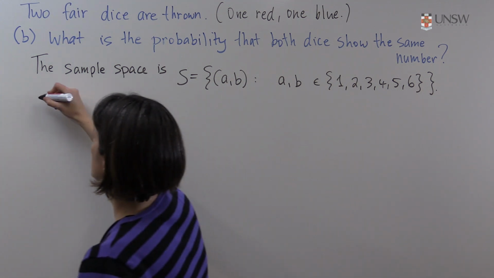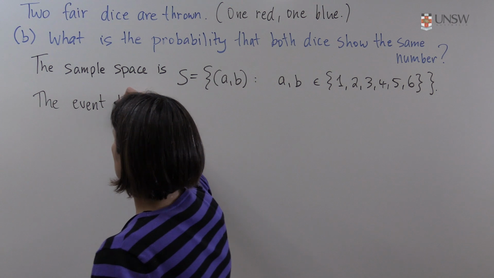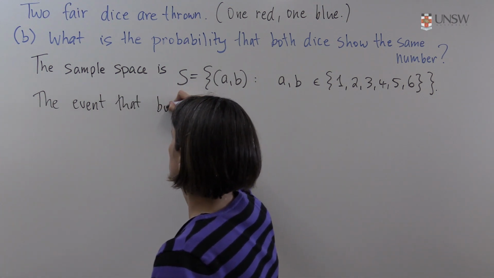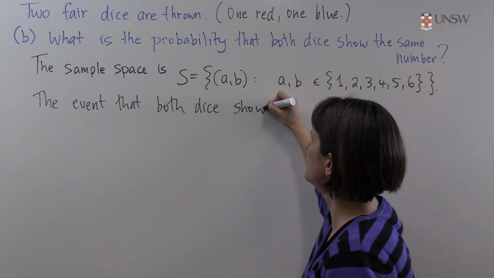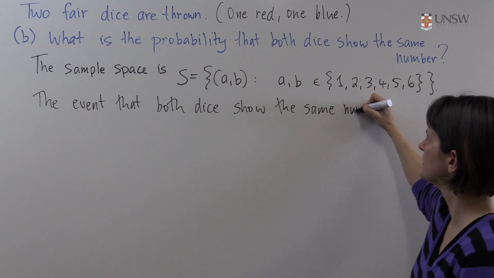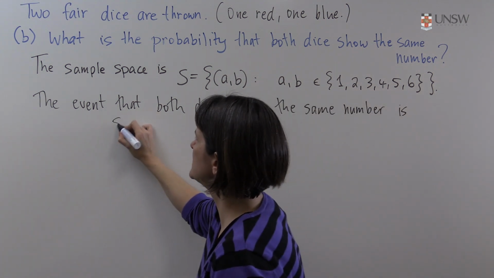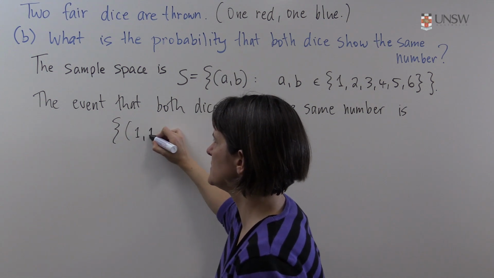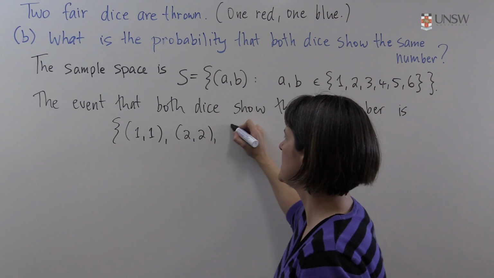So now the event that both dice show the same number is a subset of the sample space. So it's all the pairs with the same entries, (1, 1), (2, 2), and so on.